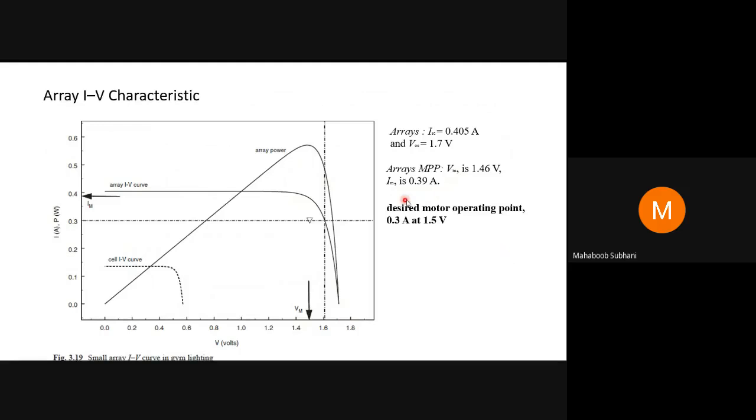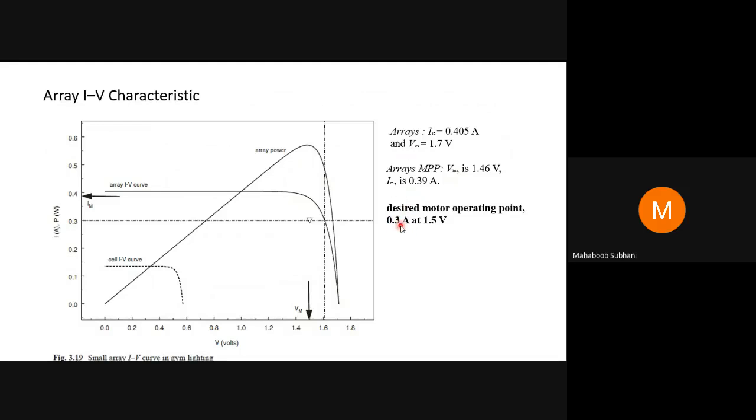But if you look at the motor operating conditions given, it is 0.3 amperes and 1.5 voltage. So these are the required or the desired values which we want to achieve from the array, right?